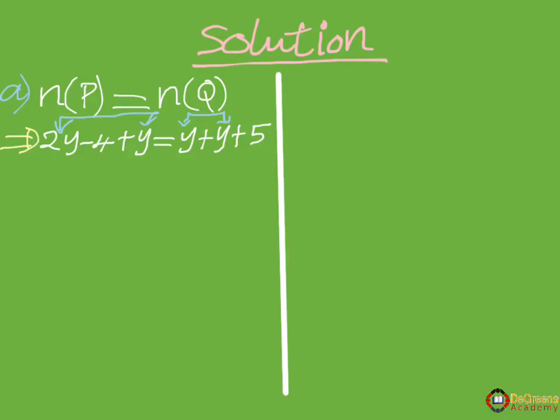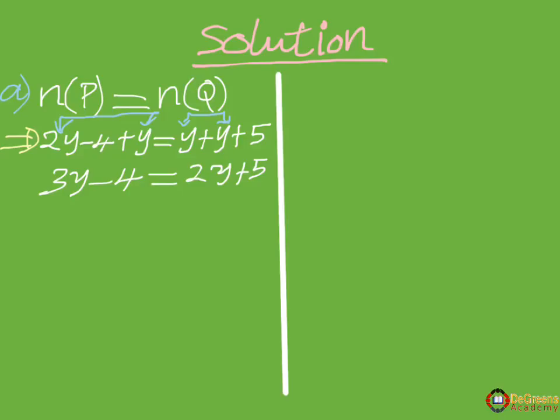We add the y's together on the left hand side and on the right hand side of the equation. On the left hand side, 2y plus y will give 3y. On the right hand side, y plus y will give 2y. So we are going to have 3y minus 4 equal 2y plus 5.